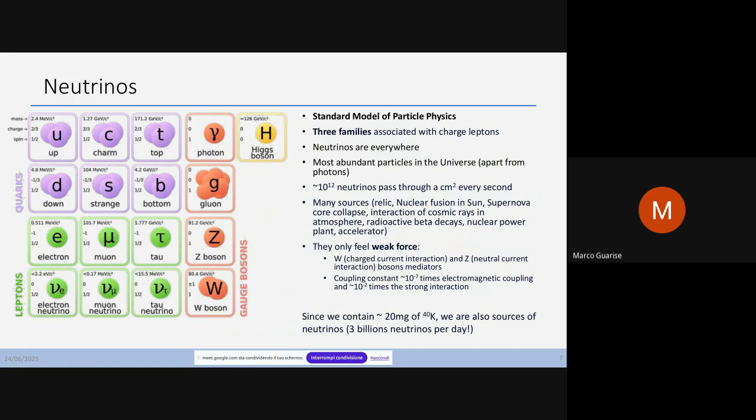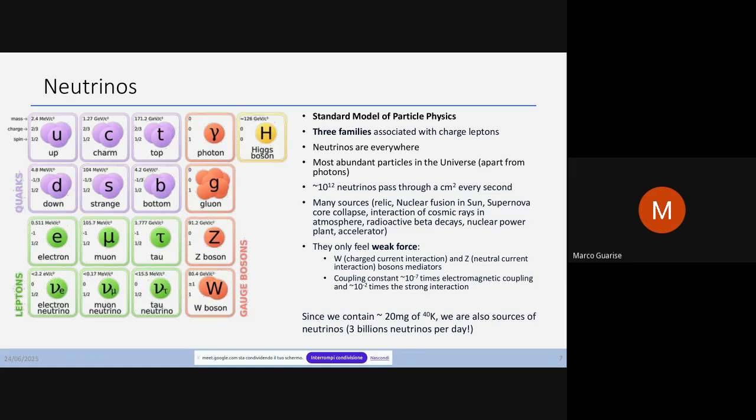So the weak force is many orders of magnitude less than the other forces, such as the strong or the electromagnetic force. So it's an experimental issue. In fact, as we will see, in order to be able to detect neutrinos, we should build large experiments with large volume.